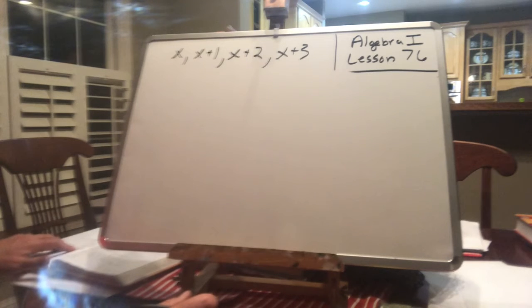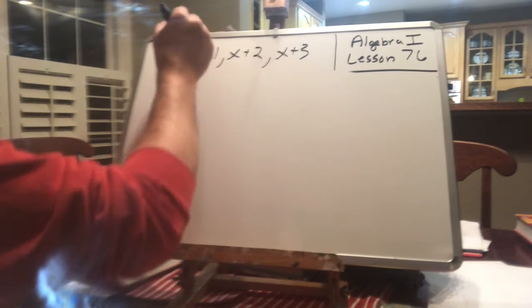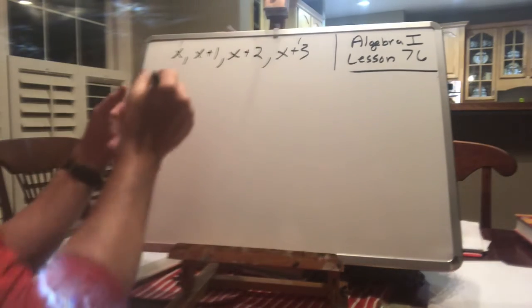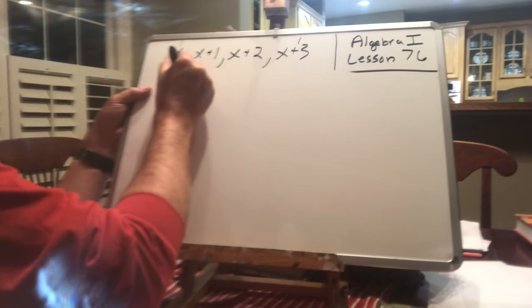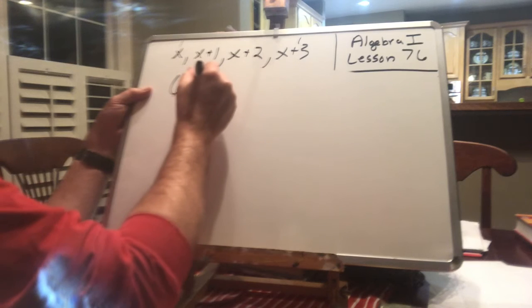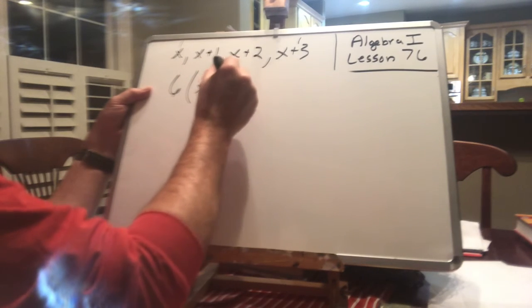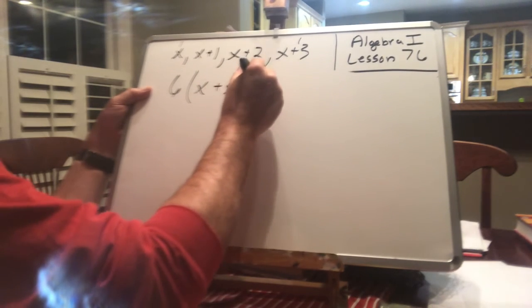This is 76.3, such that 6 times the sum of the first and fourth. This one's the first, this one's the fourth. 6 times the sum of x plus x plus 3.